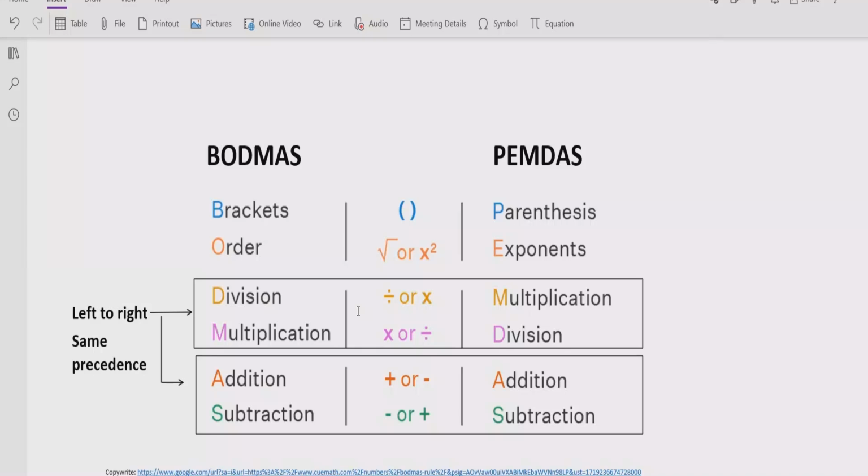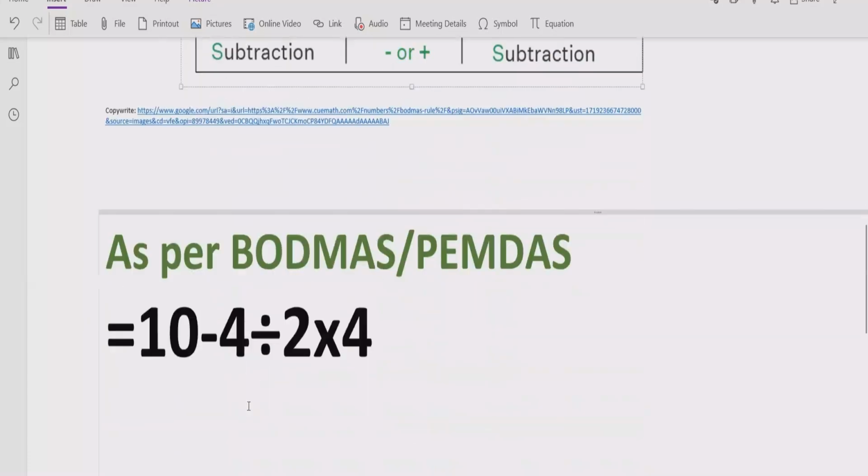Similarly, addition and subtraction have the same precedence. So first we go left to right and find which operation comes first. If addition comes first, we solve addition first, and if subtraction comes first, we solve the subtraction first. Now, let's move forward to solve the given expression.